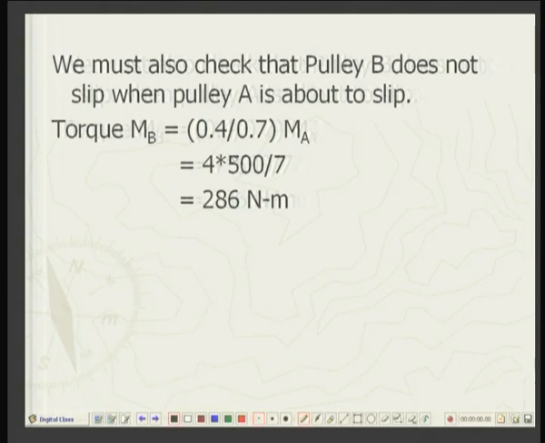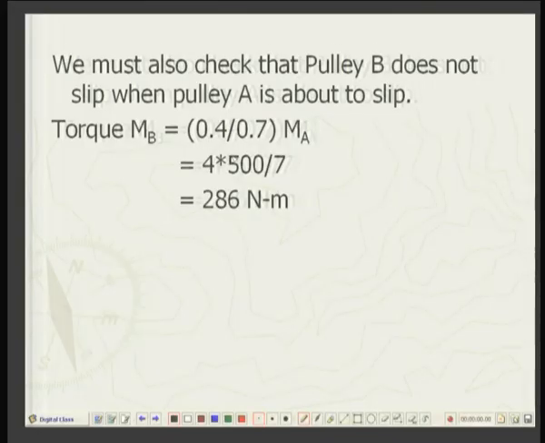Well, first of all, 500 newton meters was the torque which was being supplied by the pulley A. So what will be the corresponding torque at the pulley B?